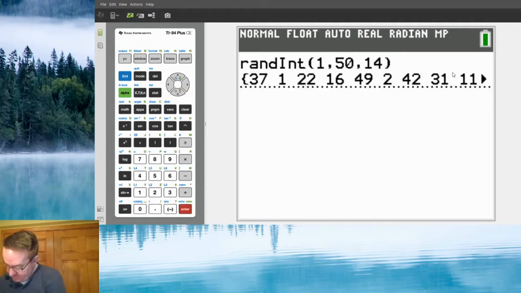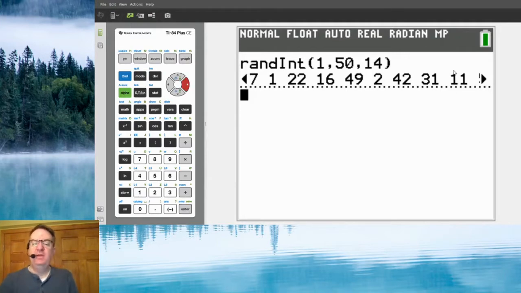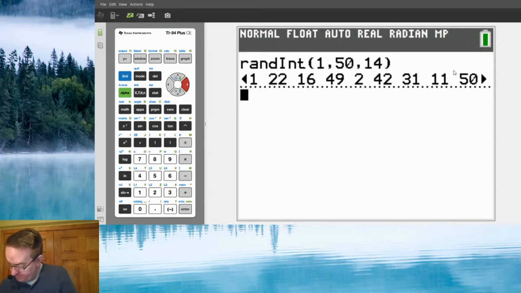So 37, this is row 1, 10, 20, 30, 7 would be this one. Number 1 would be this one. You get the idea. Oops, that actually would be 22 there. My apologies. 16, 12, 14, 16, 49, 2, 42 would be there, 31, 11, that's 2, 4, 6, 8, 9, and 50.